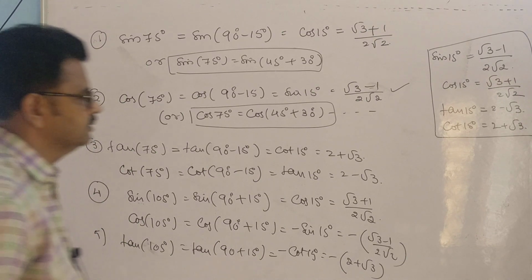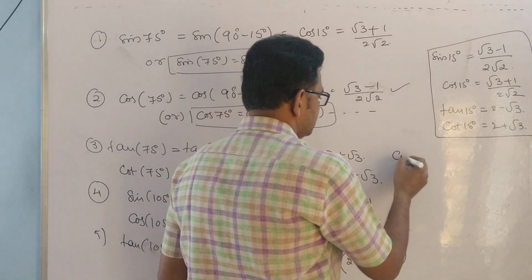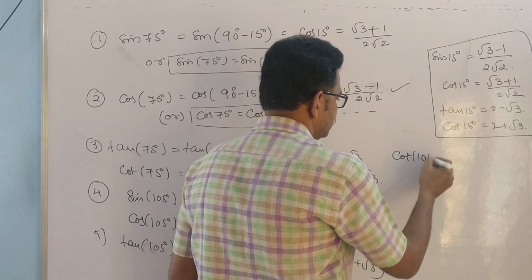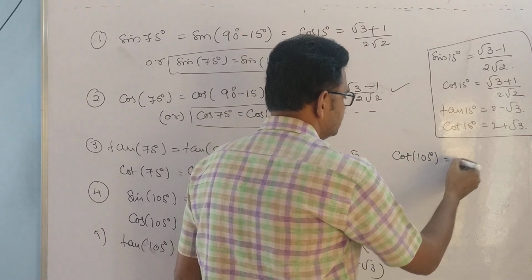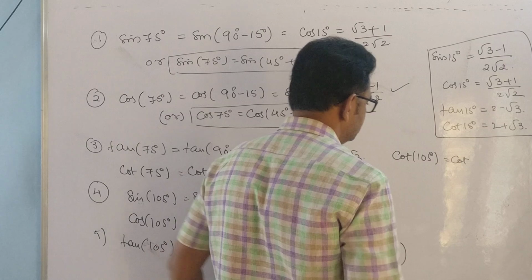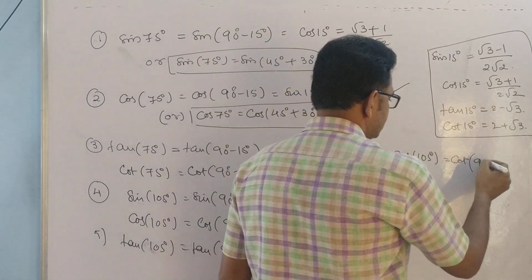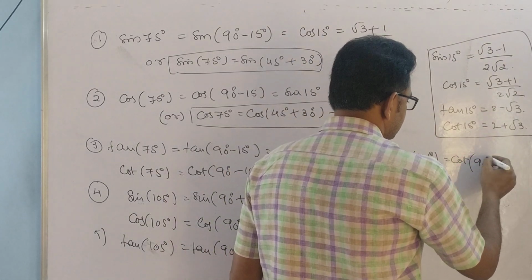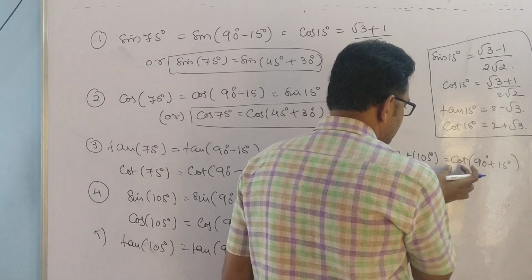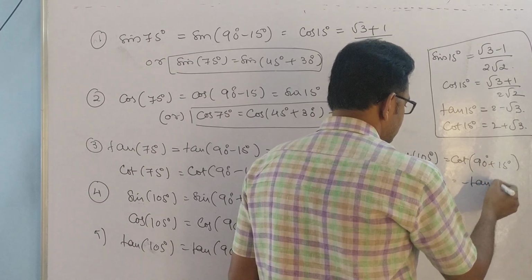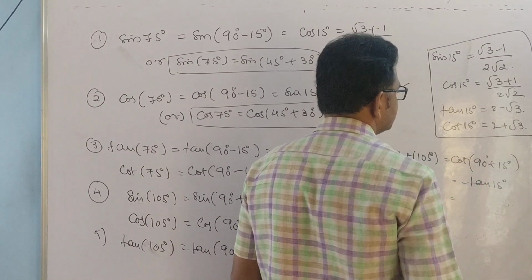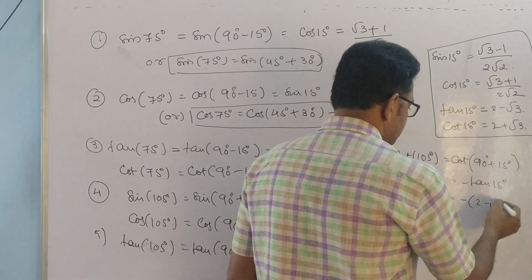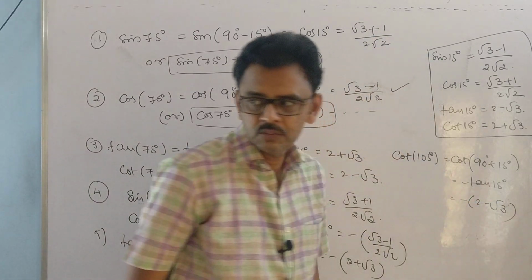And similarly, you have to find cot of 105 degrees. This is cot of 90 degrees plus 15 degrees. Second quadrant, cot negative, minus tan 15 degrees. So minus of (2 minus root 3).